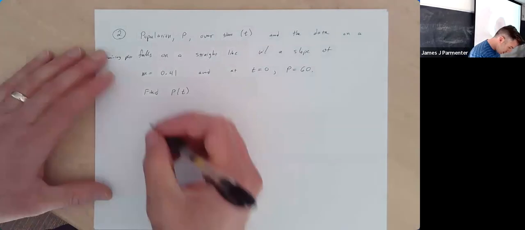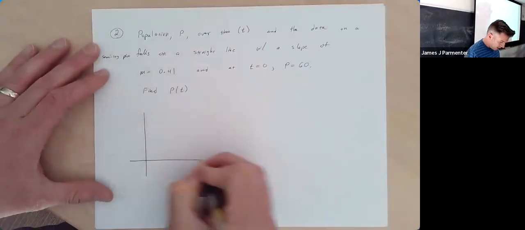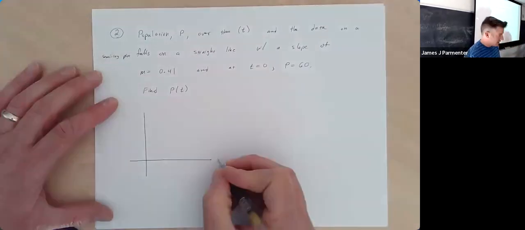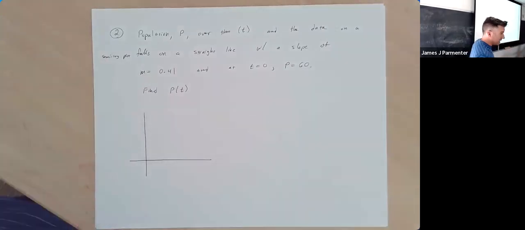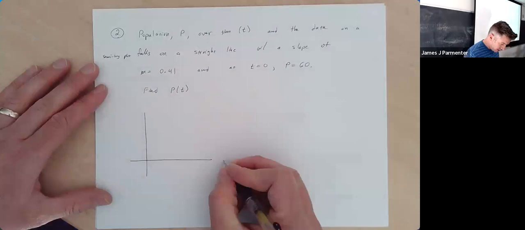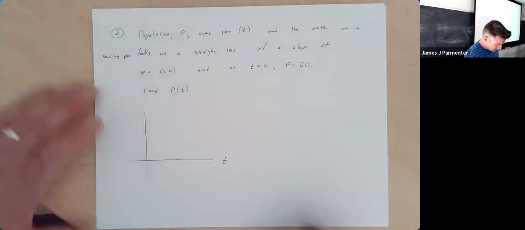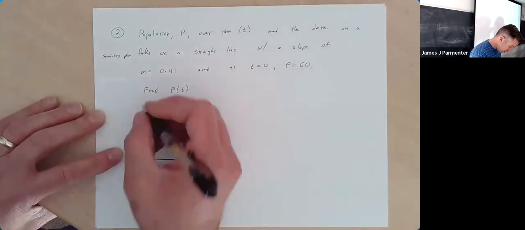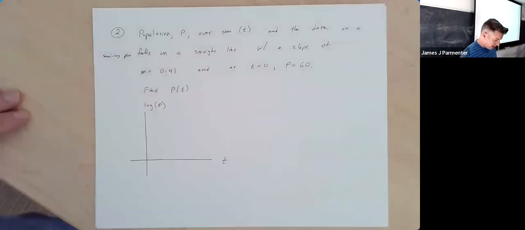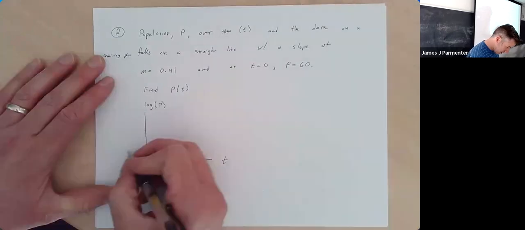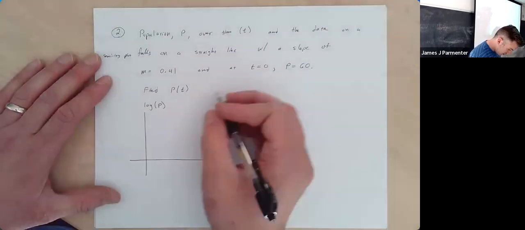I think it's worthwhile. So here we know, since it's semi-log, your x-axis, or your horizontal axis, is just the regular variable, in this case t, the input being time. And the vertical axis is not p, but log of p. And our line looks something like this. It's got a slope of 0.41.